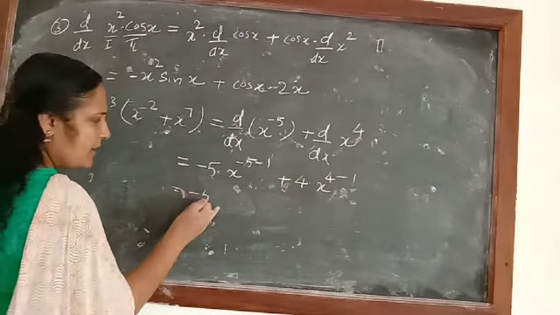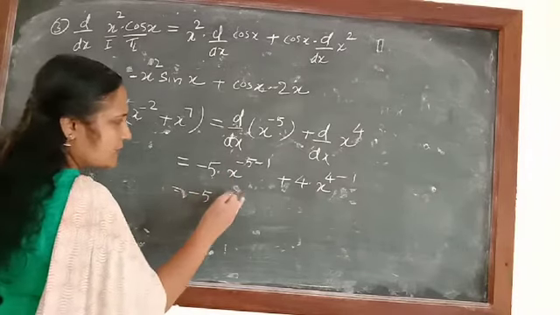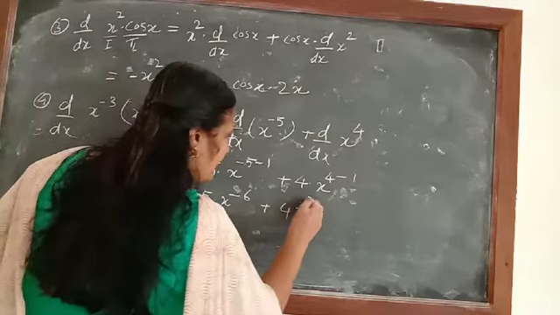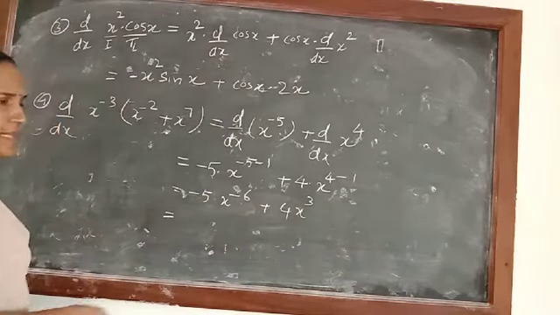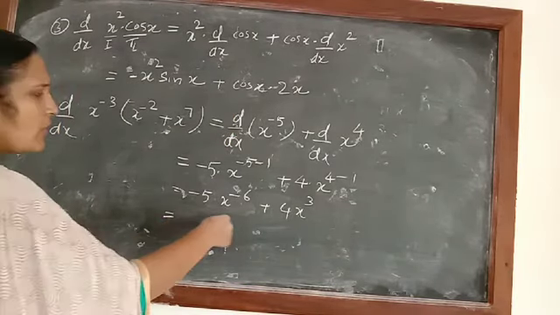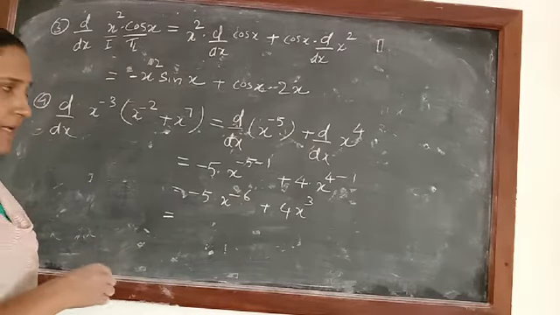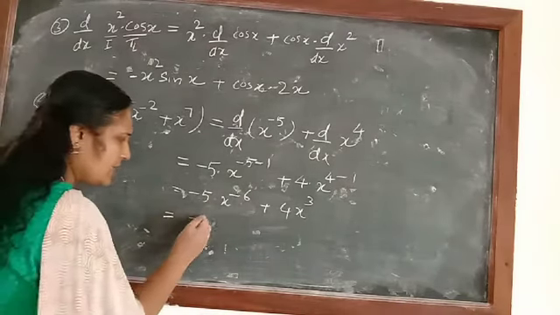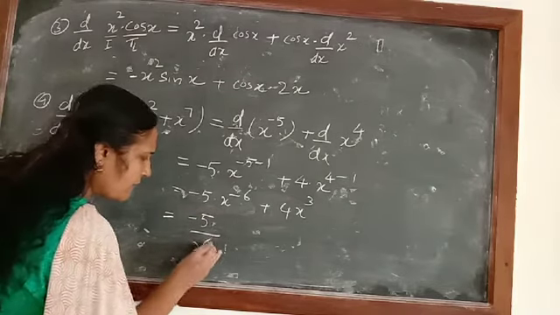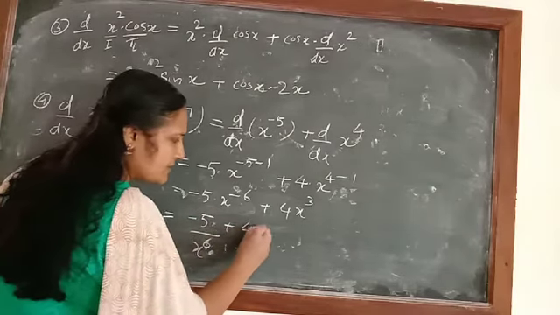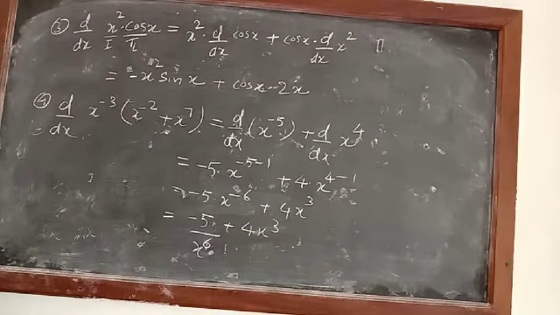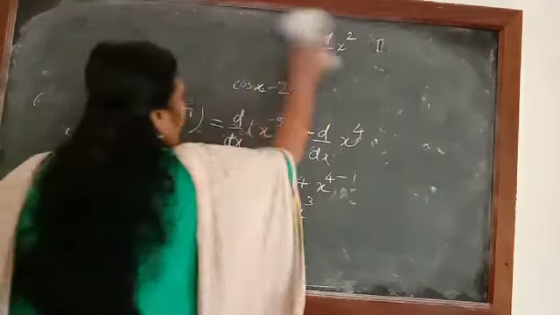So we get minus 5 into x raised to minus 6 plus 4 into x cube. Usually when writing the answer, exponents we have to write positive. So how to make it positive? Just shift it to the denominator. Then it will come minus 5 by x raised to 6 plus 4x cube. So differentiation over. Now the same way some more questions we will practice.